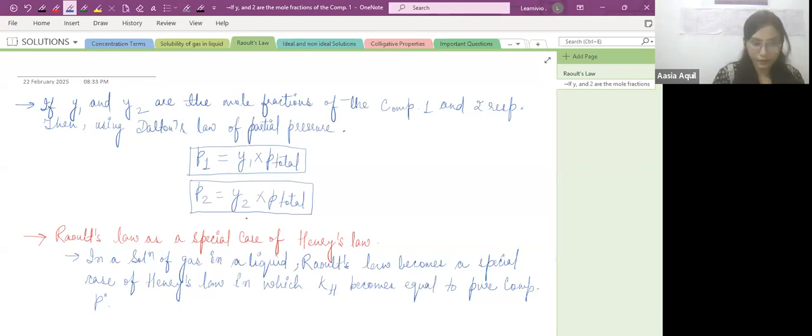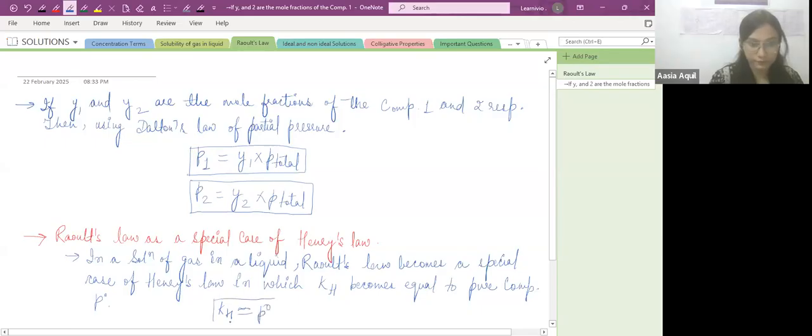Right? KH becomes equal to P naught. Clear till here? Any doubt?